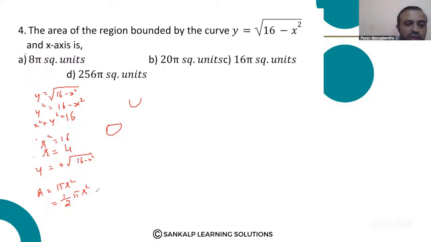The r value is already known for us, so half into pi into 4 square. 4 square is 16, and divided by 2, that is 8. So the answer is going to be 8 pi. So option A is the correct answer.